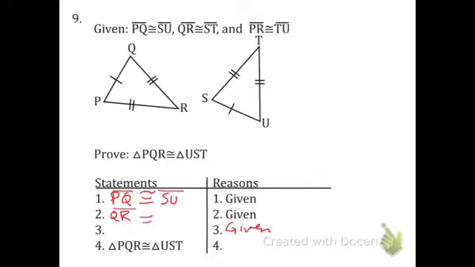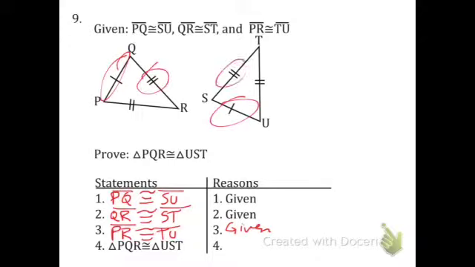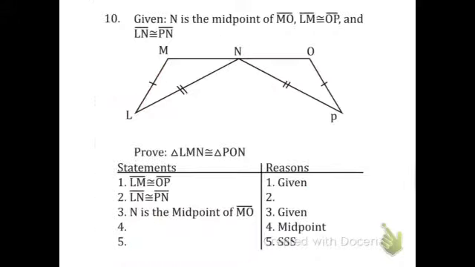QR is congruent to ST. And PR is congruent to TU. And when you have that, you have side, side, side. And so our congruence is side, side, side.